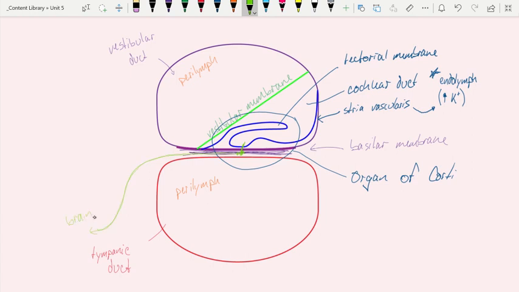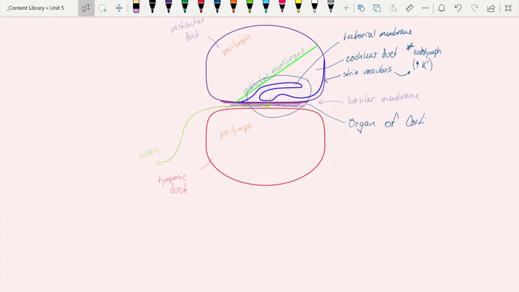This will join the vestibular nerve to become the vestibulocochlear nerve, cranial nerve 8. Understanding how the organ of Corti works is critical to understanding the function of the ear, or hearing. And we have to understand at a very minimum the difference between endolymph and perilymph, and I'll show you why that's so important right now.